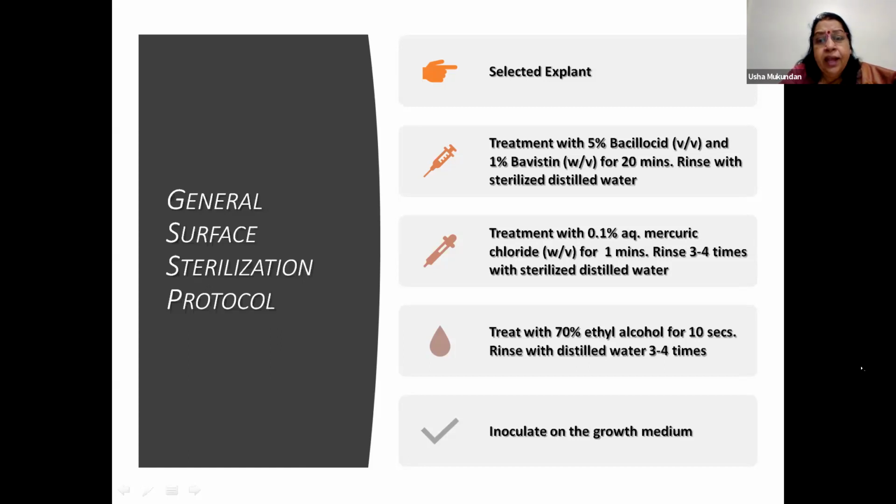Anyone? How do you think? See, I'm going to talk about ethanol too. Any sterilizing agent must be interfering with some mechanism in the microorganism so that it will die or will not be able to grow any further.